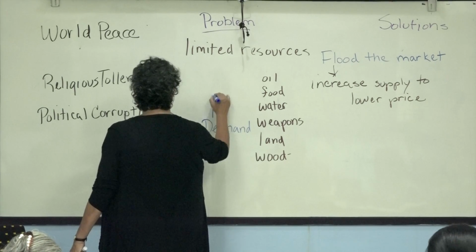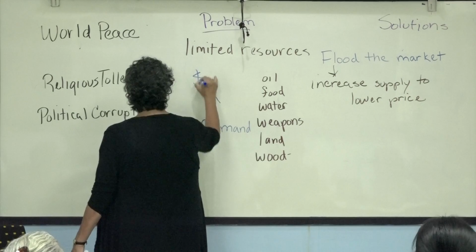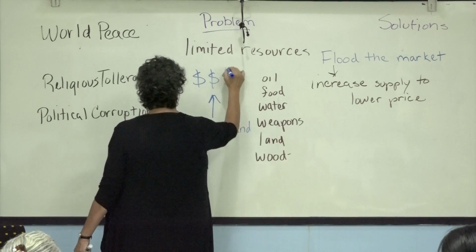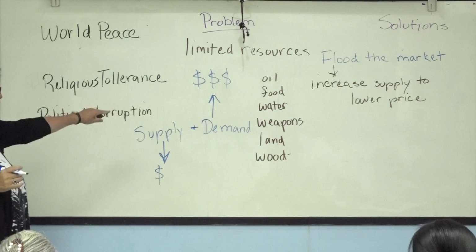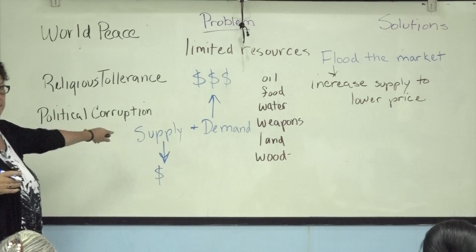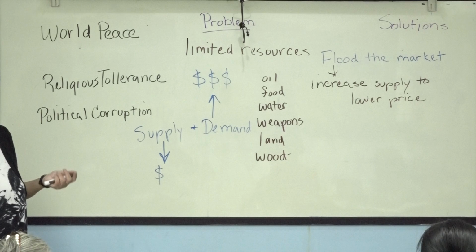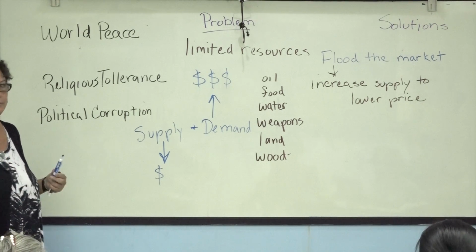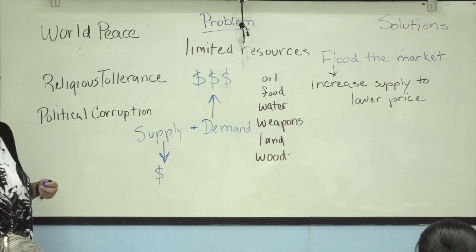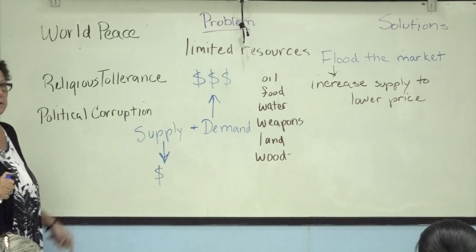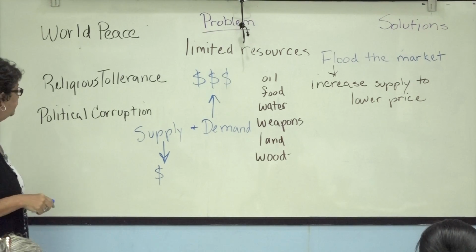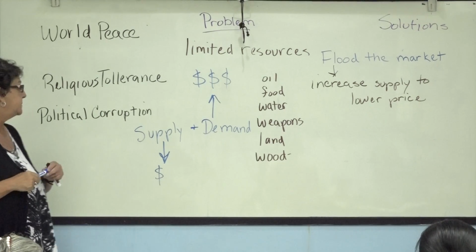If you increase the demand, the price goes up. Increase supply, that means you've got more of whatever it is. Too much, the price goes down because it's easy to get. Economics.